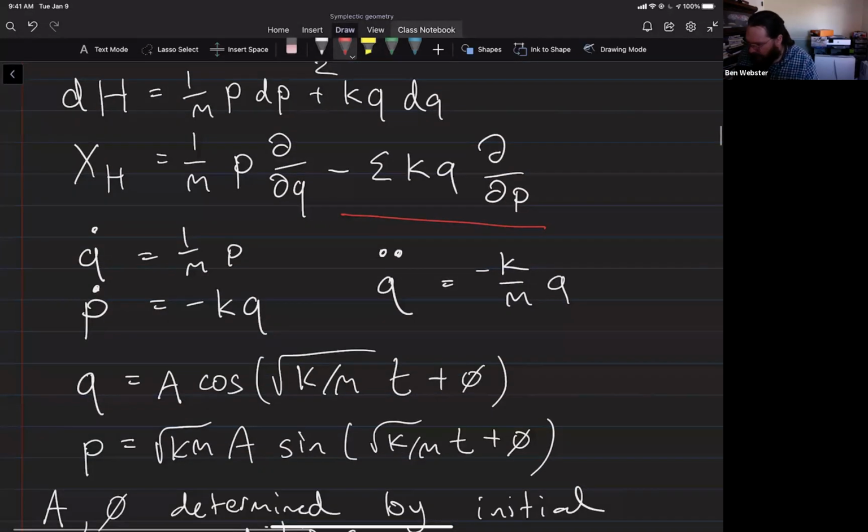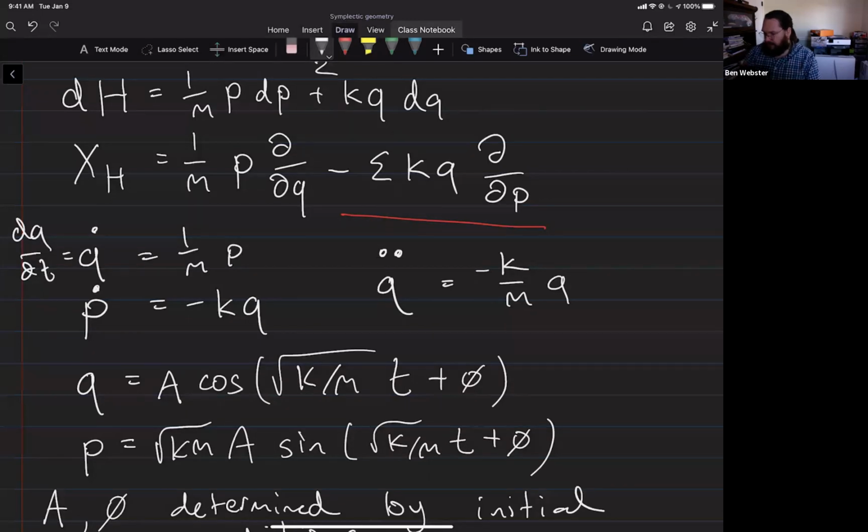If you want to actually solve this, it's useful to write out what this says as a system of differential equations. I'm writing q dot for dq/dt, because it's a pain to write dq/dt all the time. So q dot is 1/m times p, p dot is minus k times q.